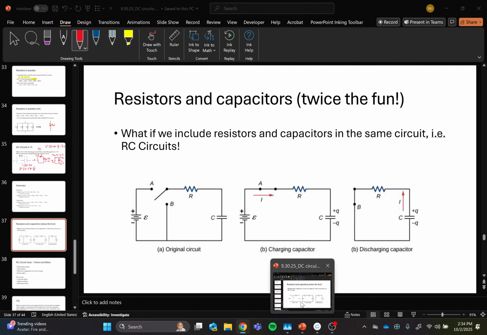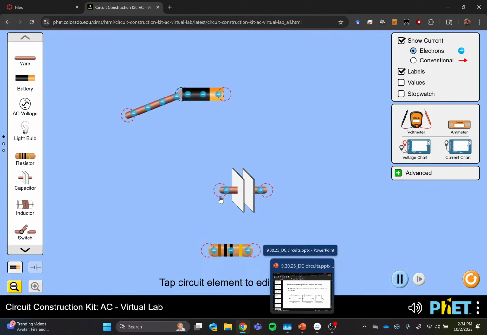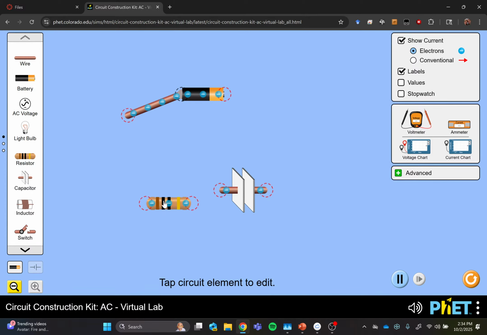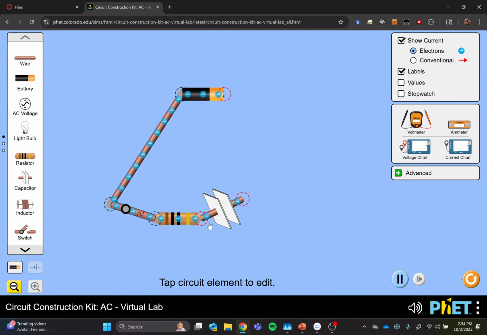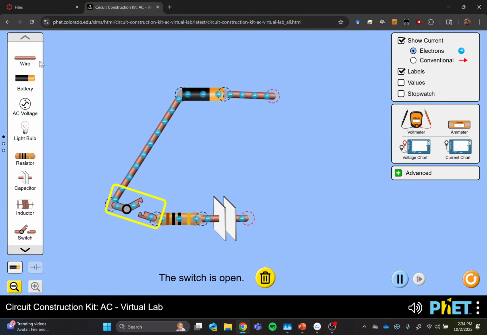Are there two resistors? No, just one resistor, but it's on that branch. Great. So it's going to be in line with this. Where's my switch? We're going to build two switches, one for discharging, one for charging. Boom. I should probably just look at my own computer. This is way too awkward otherwise. There's my capacitor. It doesn't really matter. We're going to open this up so it doesn't charge yet.